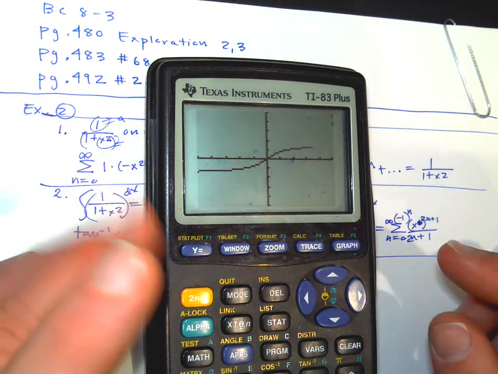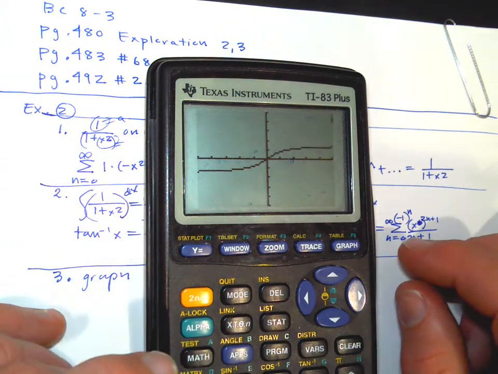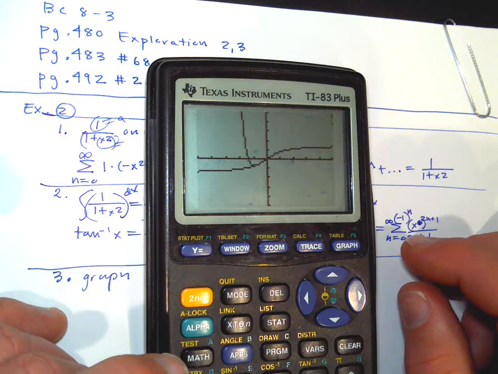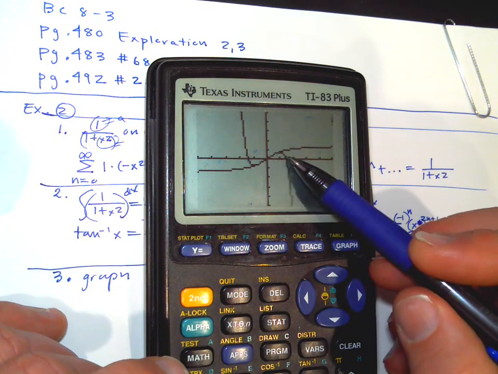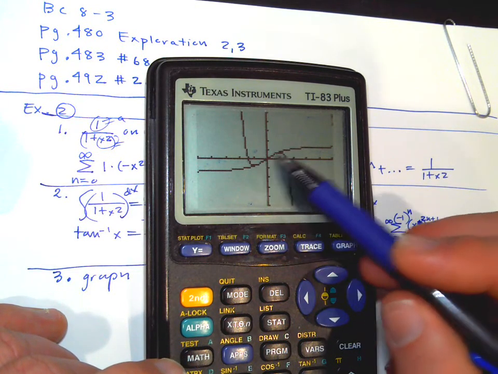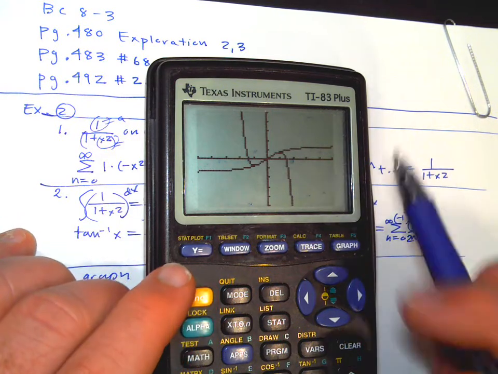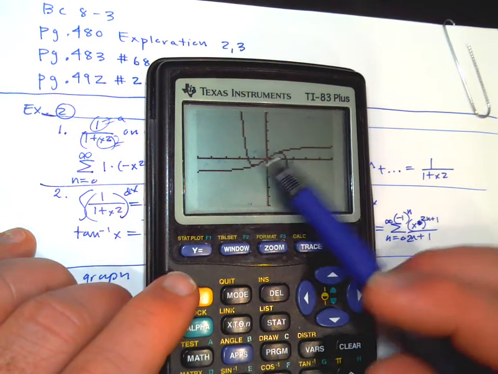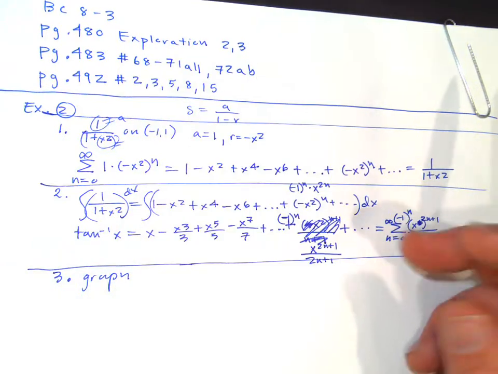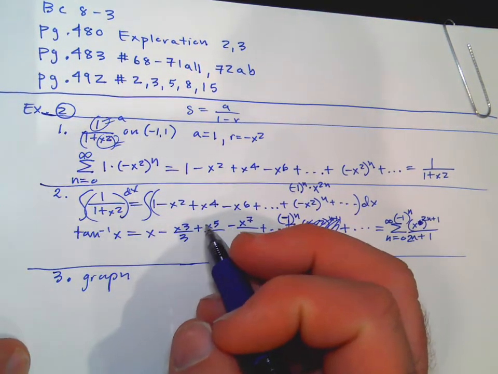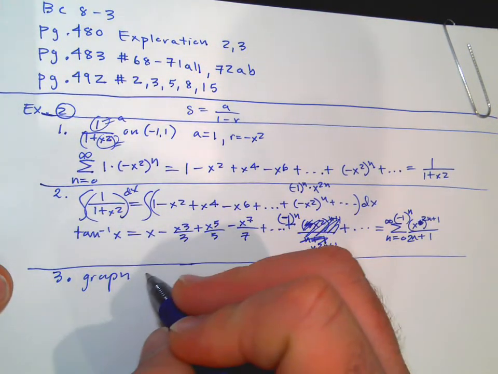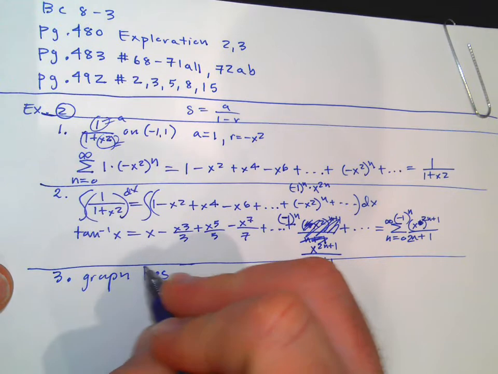Okay, yeah, it looks like inverse tangent, sort of like a sideways curve. Now here's that curve. Look, it hugs it pretty well between -1 and 1, right? It looks like it's converging in that section. So yes, it looks like it's converging.